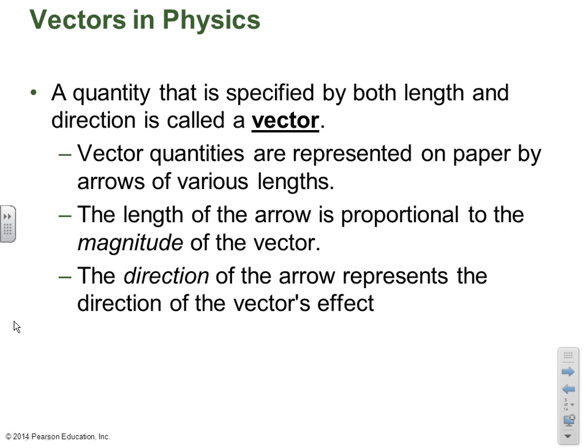So now, instead of just positive and negative, we're going to expand that out and say, it's not just positive or negative, it's this long or this far in this direction. And we'll use the arrow to represent that.